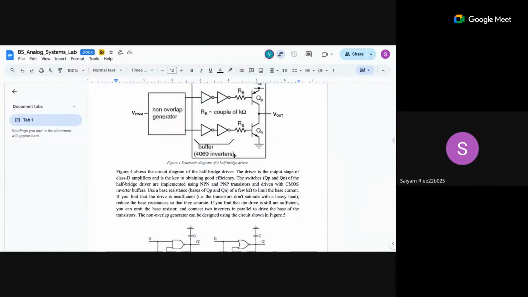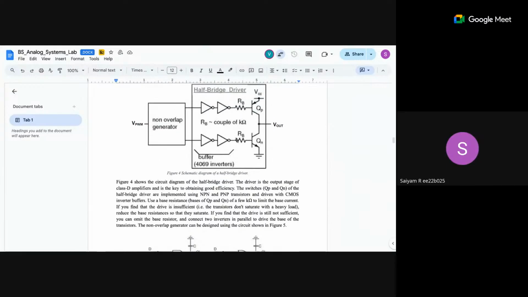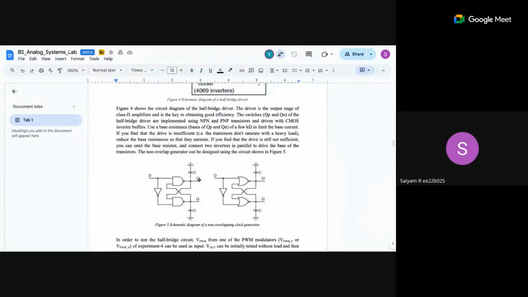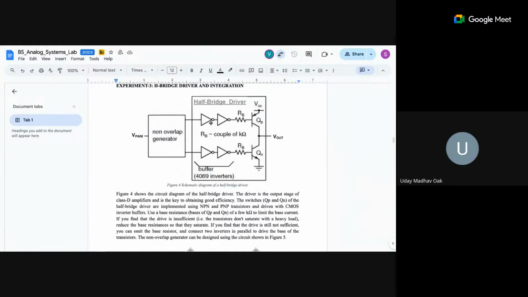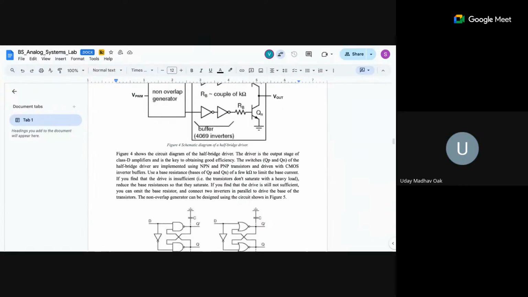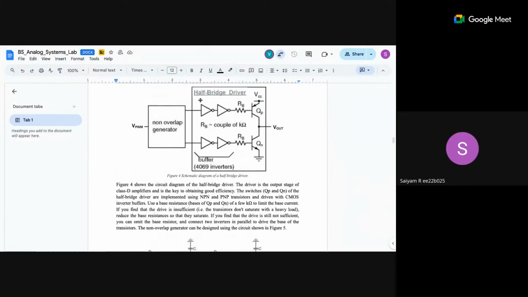Whichever way it is done, I think the result will be the same. If we connect Q bar there, when Q bar is low, QP will turn on, and if Q bar is low, Q is high, so QN will also turn on.